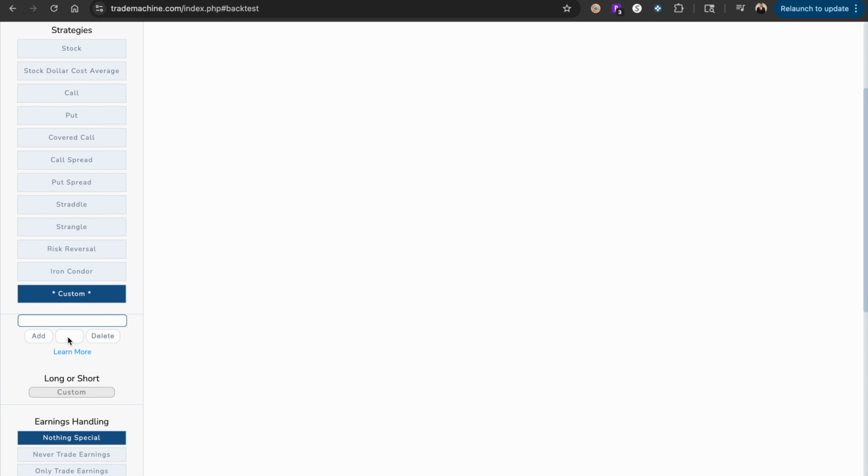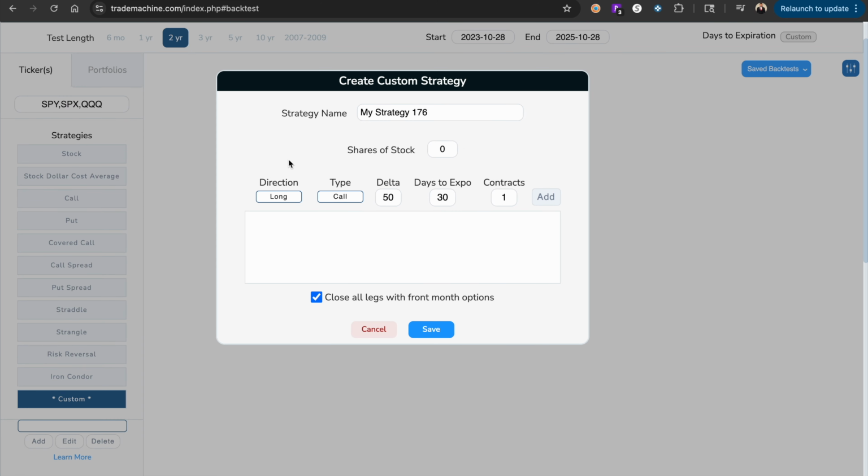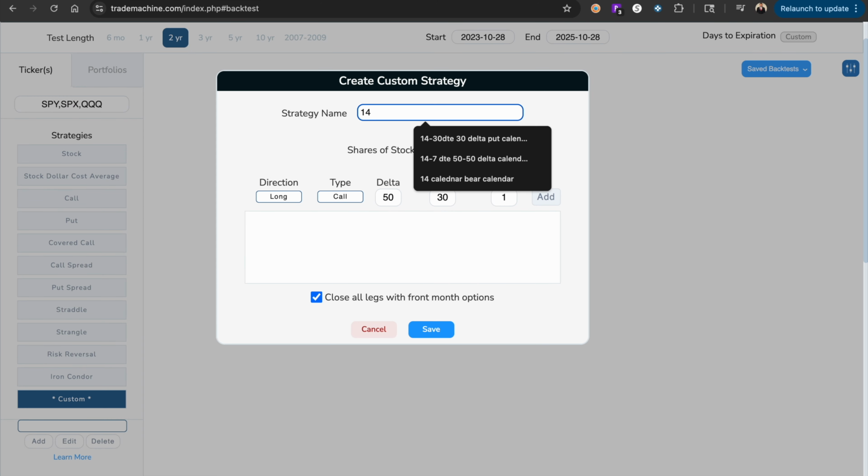We're going to make a custom strategy. So we're going to add. I like to do a 30-day calendar where the long side of the options is 30 DTE. The short side is half that, so 2 weeks versus 4 weeks. 2 weeks is going to be 14 days. 4 weeks is going to be about, let's do 28 DTE calendar.